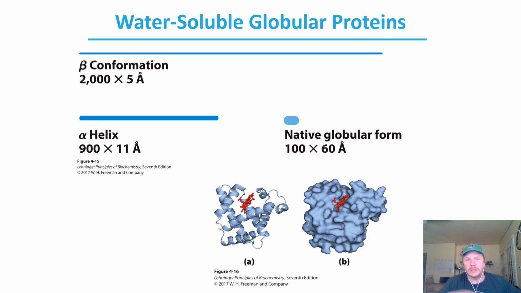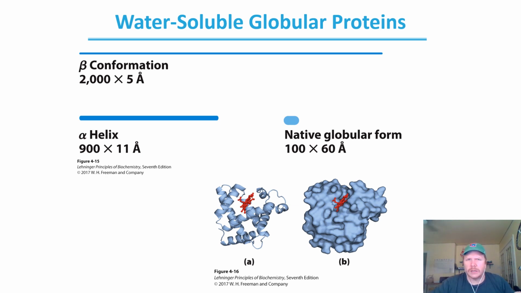Think of this as a polypeptide chain that, if you put it all into a beta conformation, is going to be very long, but very thin. An alpha helix is not quite as long, and they can pack a little bit better, but they take a bit more space. Whereas a globular protein packs all of those same amino acids.